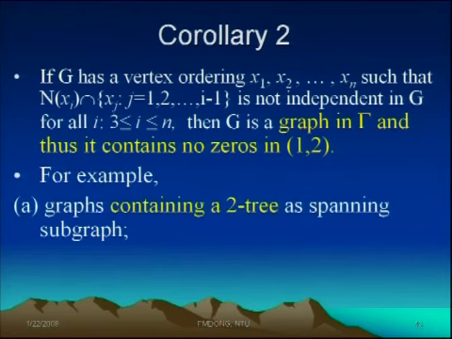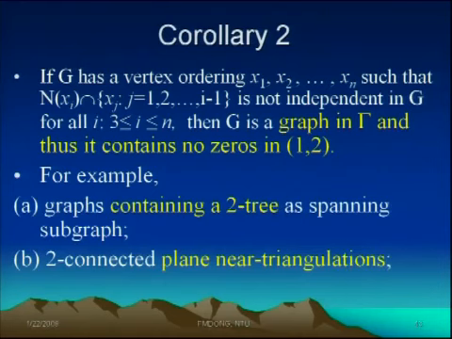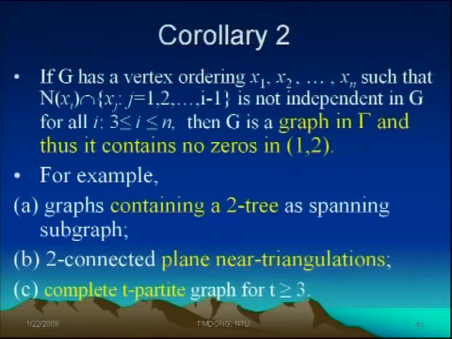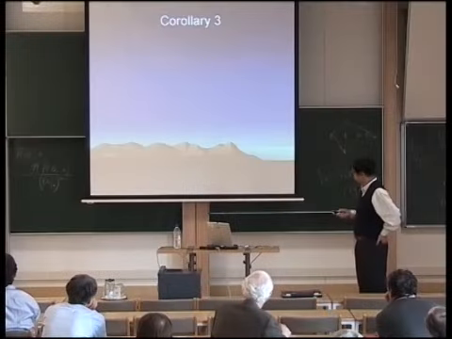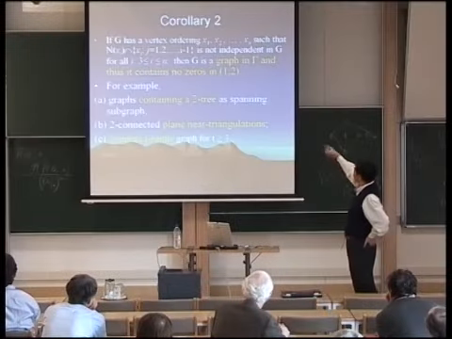If a graph contains a 2-tree as a spanning subgraph, then the graph must be in gamma. Also 2-connected plane near-triangulations, and also complete t-partite graphs with t at least 3. All these types of graphs are special examples.